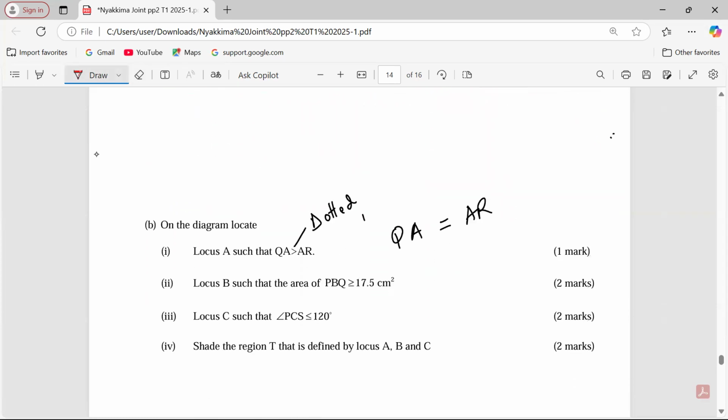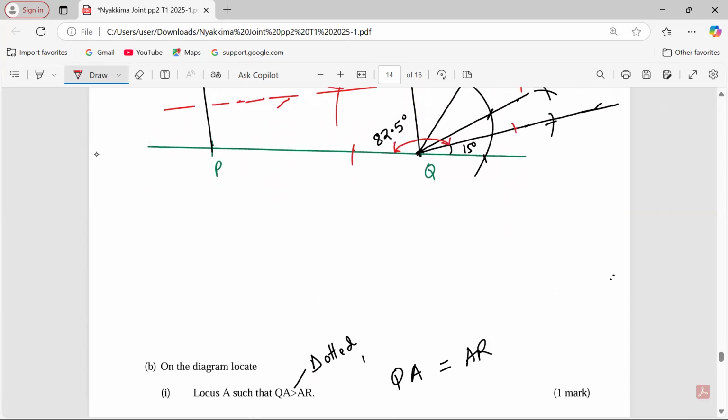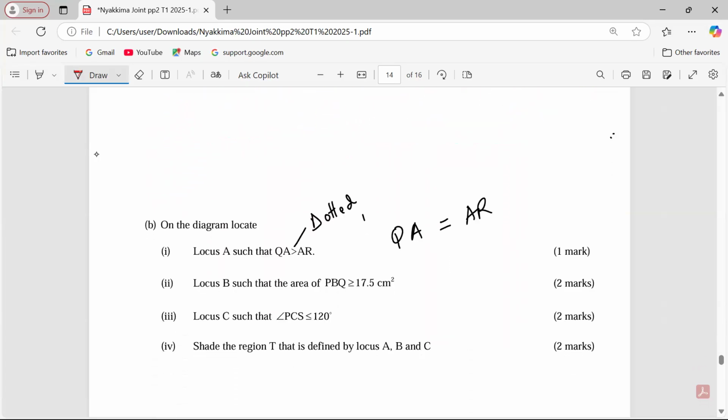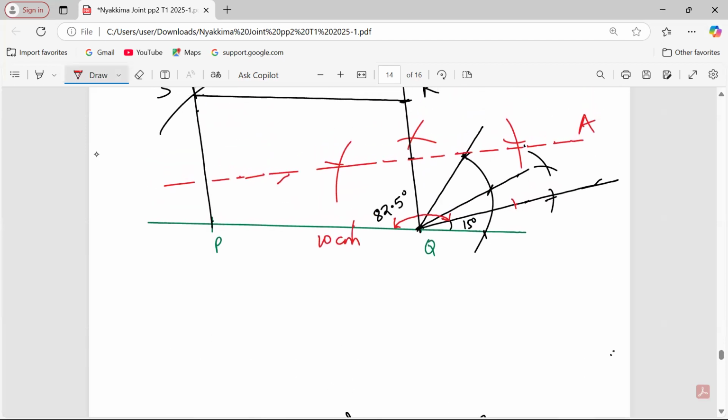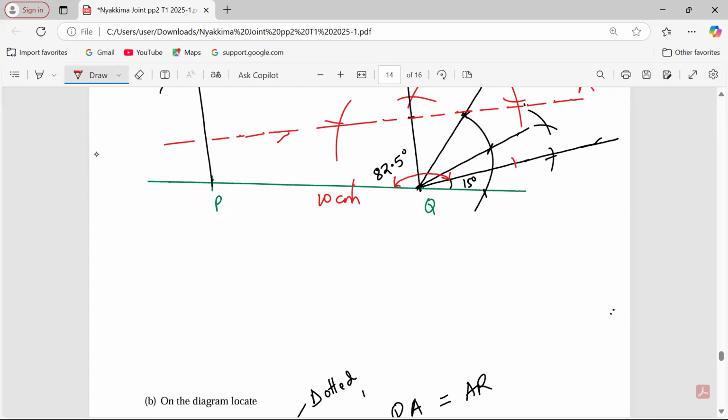So we go to B now. We need the locus of B such that the area of PBQ is greater than or equal to 17.5. So PBQ is supposed to be a triangle such that the height of this triangle can be calculated because from P to Q is already 10. This is 10 centimeters. So we need a point B such that the area is going to be 17.5. So we use area being 17.5 given by half times a base of 10 times a known height.